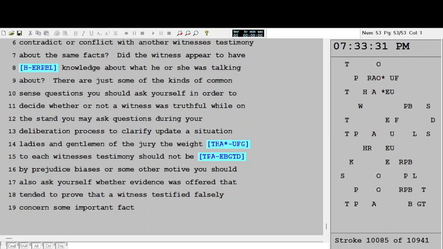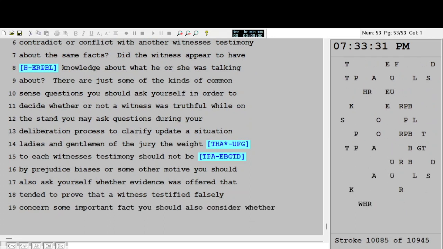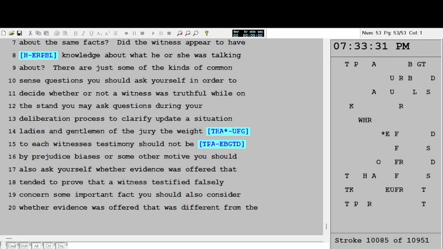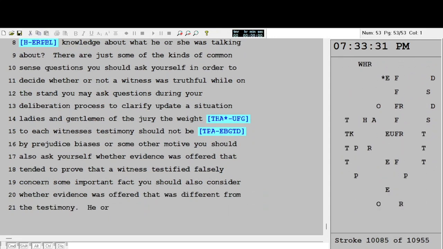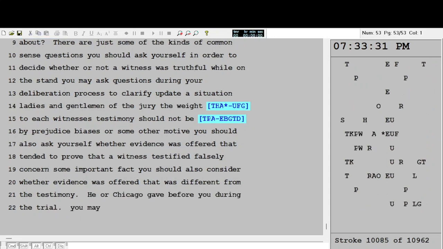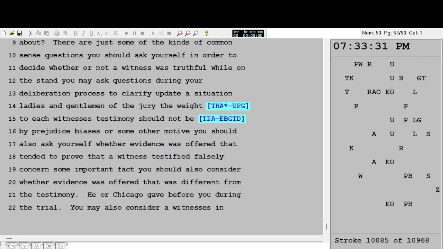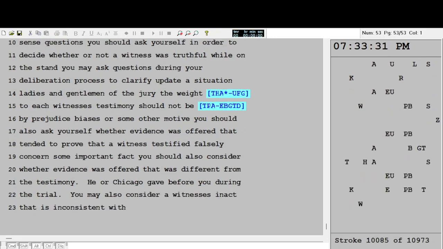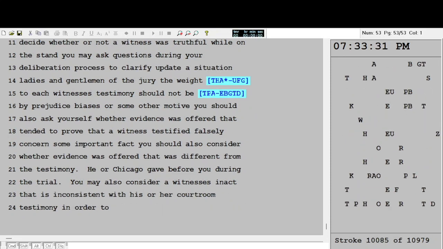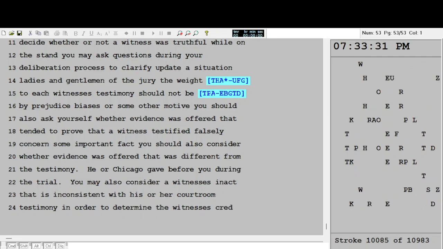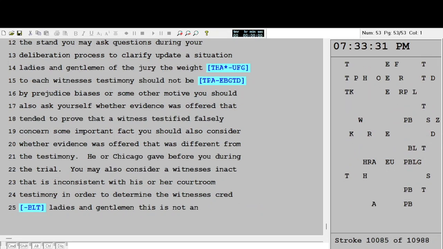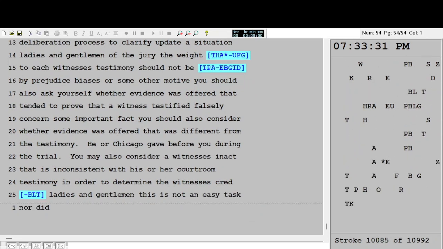You should also consider whether evidence was offered that was different from the testimony he or she gave before you during the trial. You may also consider a witness's inaction that is inconsistent with his or her courtroom testimony in order to determine the witness's credibility. Ladies and gentlemen, this is not an easy task, nor did counsel or myself say it would be an easy task.